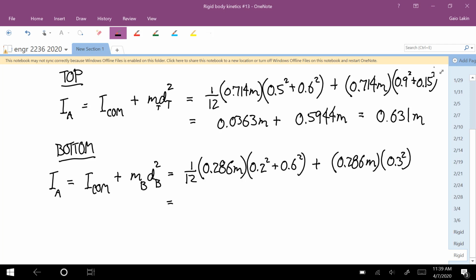And so the first term, the one just from the formula, is 0.0095 m. And the second piece is 0.0257 m.